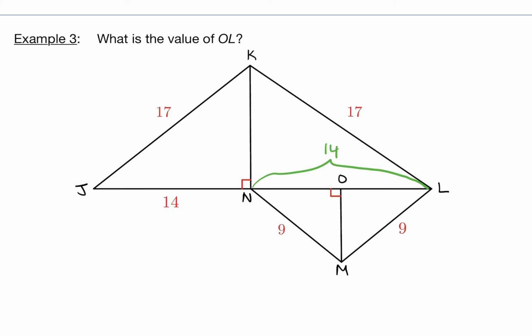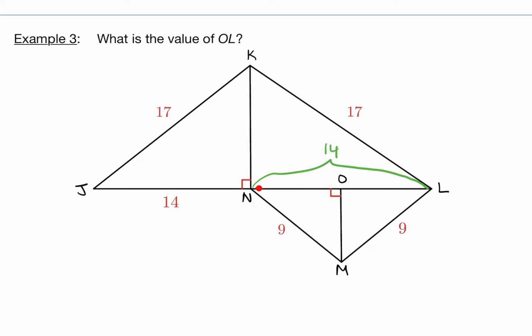Okay, so what do we have here? We know that segment MN is 9, and it is the same length as segment ML, which is also 9. Okay, so this tells me that this point is on a perpendicular bisector. And since this is a perpendicular bisector, we know that this MO, this perpendicular line, cuts NL exactly in half.